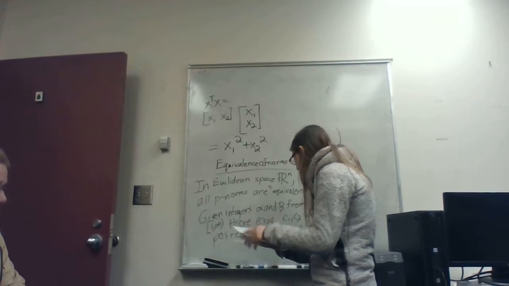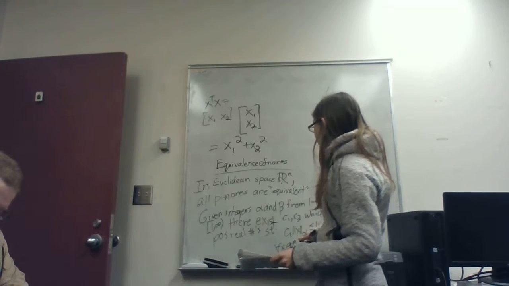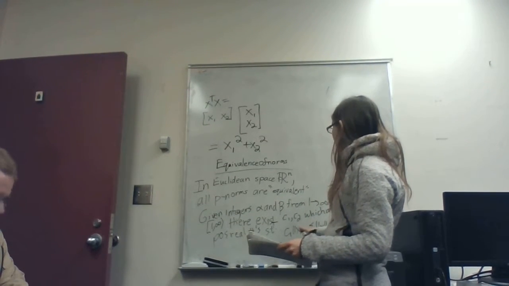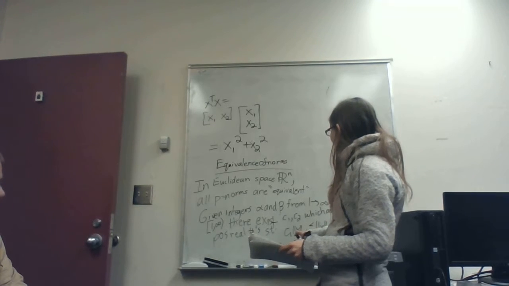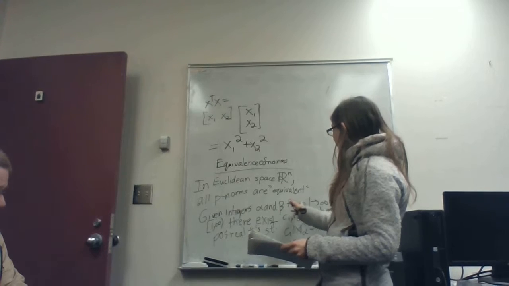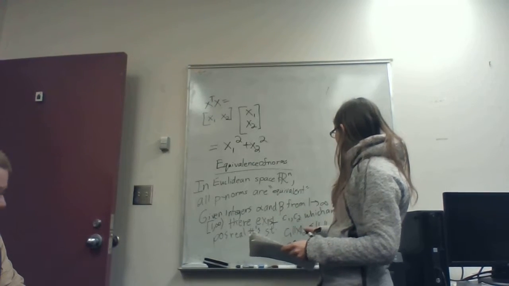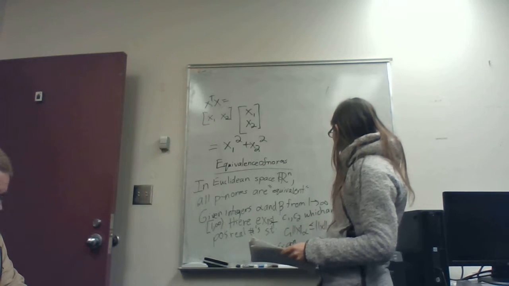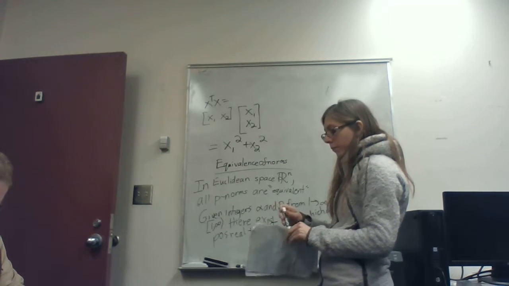So this would be if you have the p norms, integers between 1 and infinity. Essentially if you take one of the norms, you can find upper and lower bounds on it with these other ones.